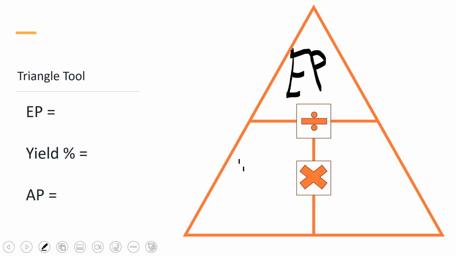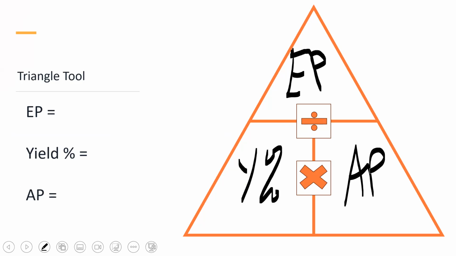The bottom section will be our yield percentage and our as purchased. You'll notice we have this horizontal line that represents division, and this vertical line that represents multiplication. So now let me show you how we're going to manipulate this tool.